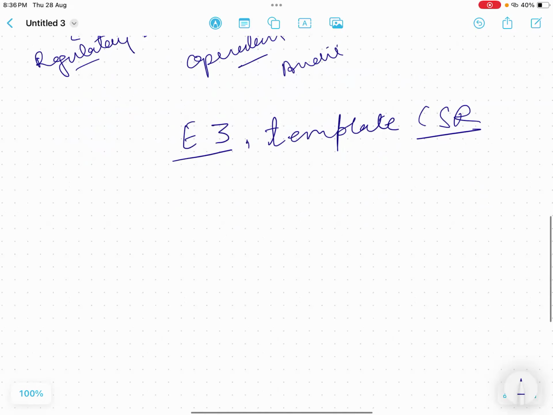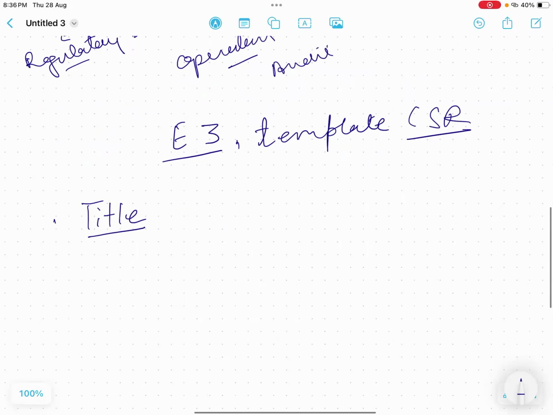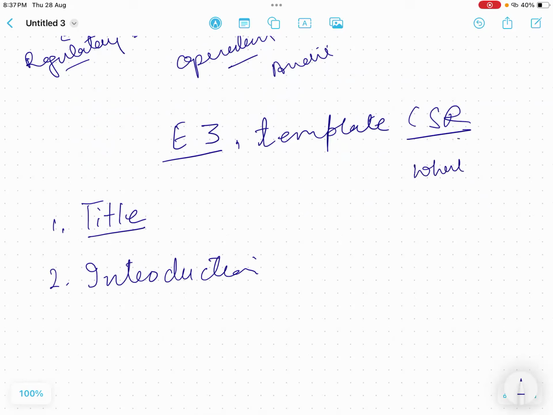Every document has a title page, then introduction. Generally, what we try to do in a clinical study report is answer what we have done, why we have done it, and how we have done it, right?